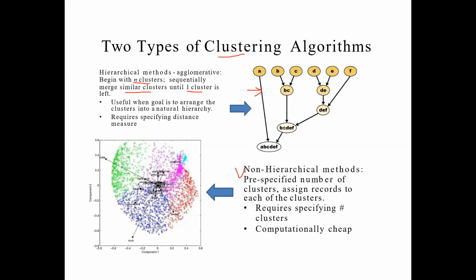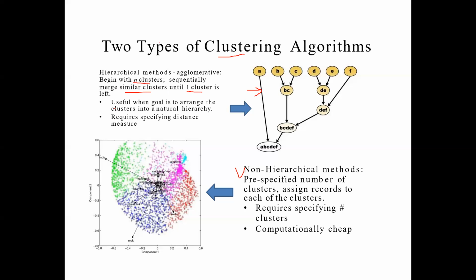Then in the fourth iteration, my BC cluster and DEF cluster are merged together. And in the last iteration, we form a single cluster of all the objects. So if you observe here, all the objects are grouped into a single cluster. You can note down that sequentially, we merge the similar clusters until one cluster is left. So this is the idea behind agglomerative clustering.